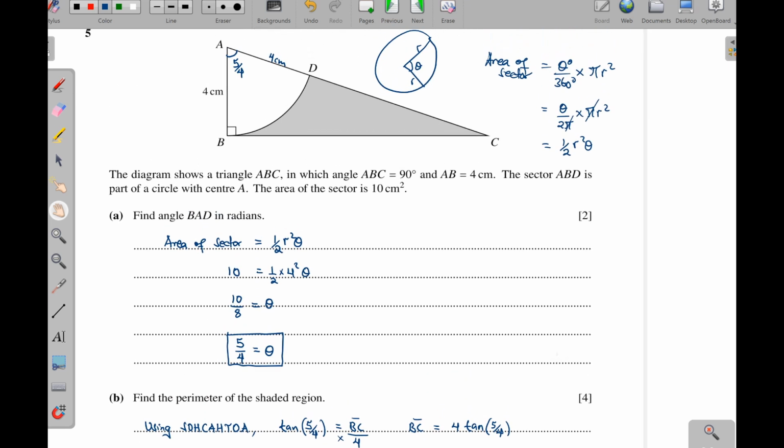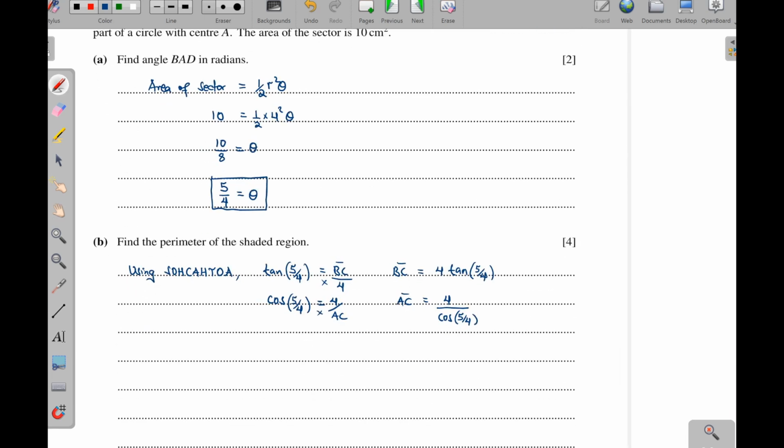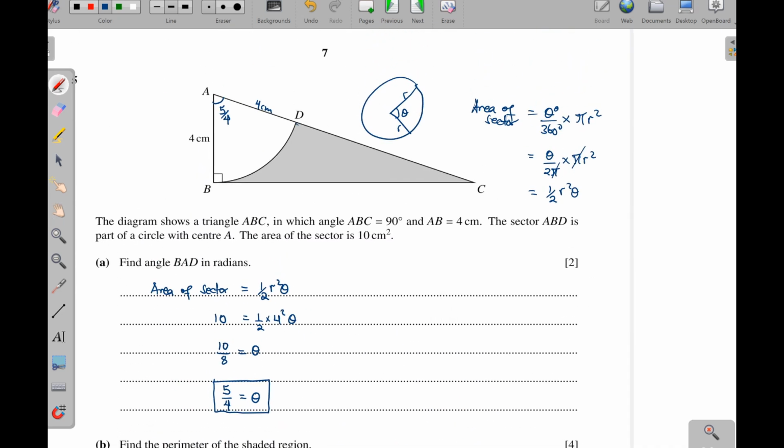Then next, what else do we have? We need to find our DC. So DC is going to be equal to SC, which is 4 out of cos 5/4, then minus 4. To get this DC, you get this whole SC, then minus this.